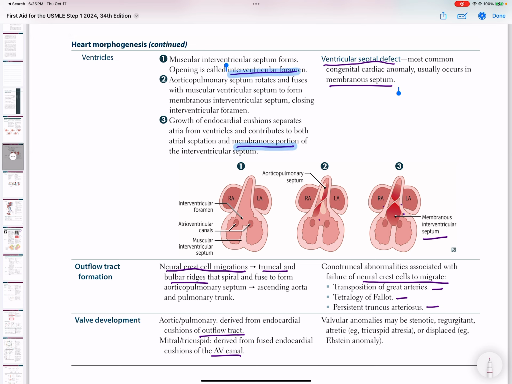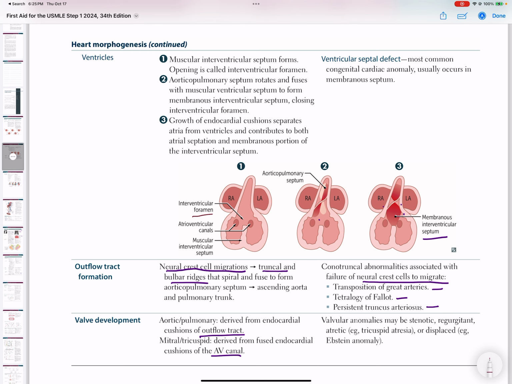So for the ventricles, we have a few important things. There is the muscular interventricular septum, then we have the aorticopulmonary septum, and the membranous interventricular septum. So the muscular interventricular septum forms. This is an interventricular foramen, the opening.